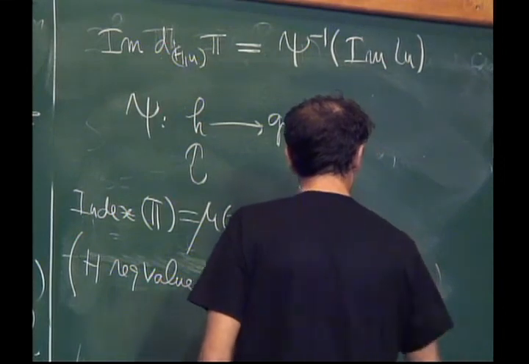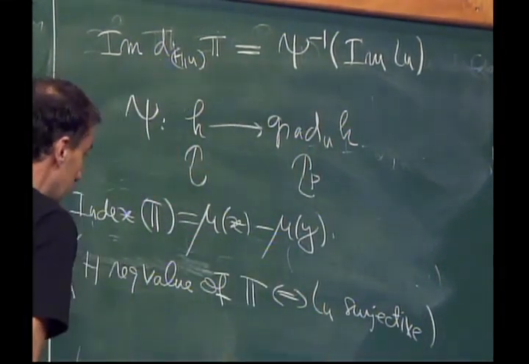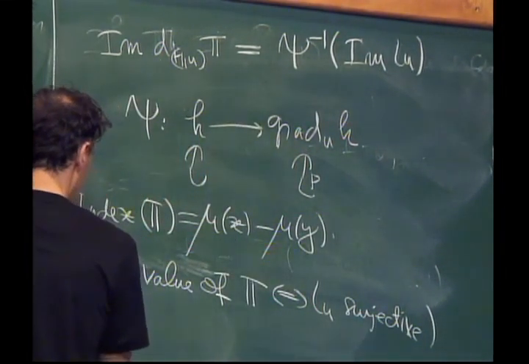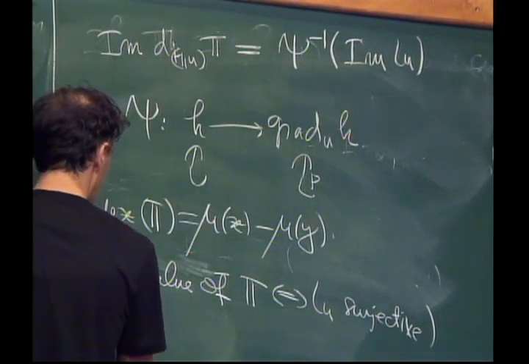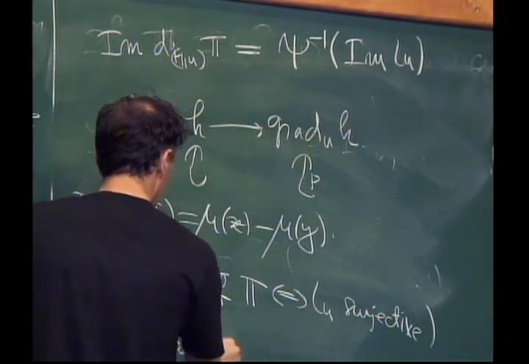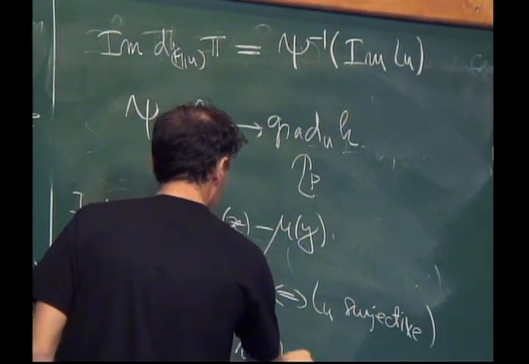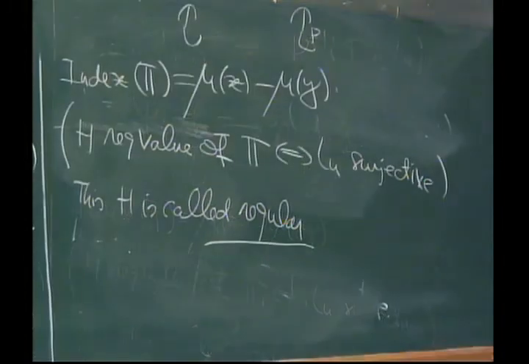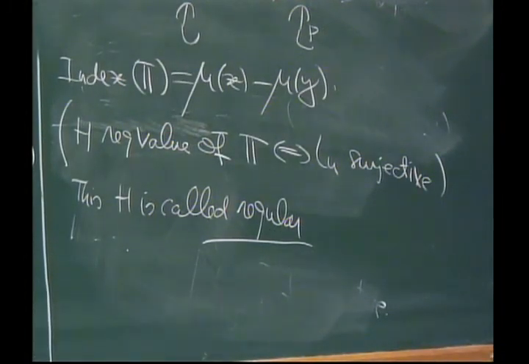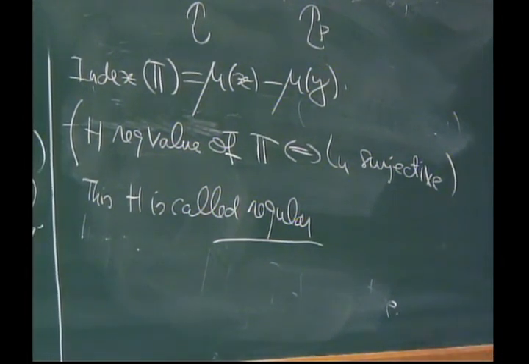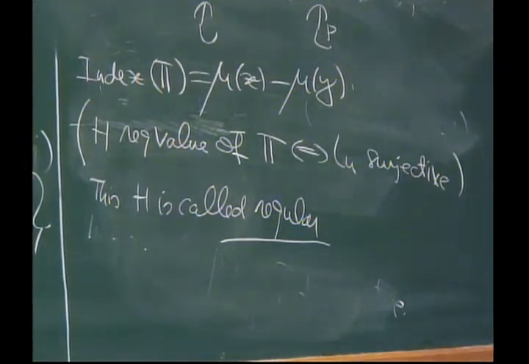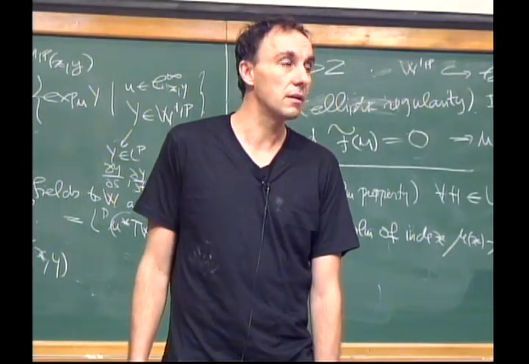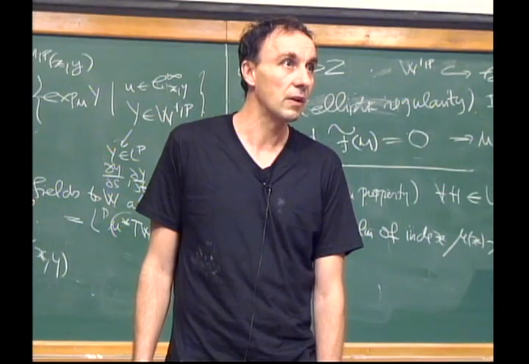And this H, for which all the L_u are surjective, is called regular. So we will work from now on with regular Hamiltonians, for which we have this transversality achieved, and so these spaces of trajectories are manifolds of the dimension we wanted. Okay?